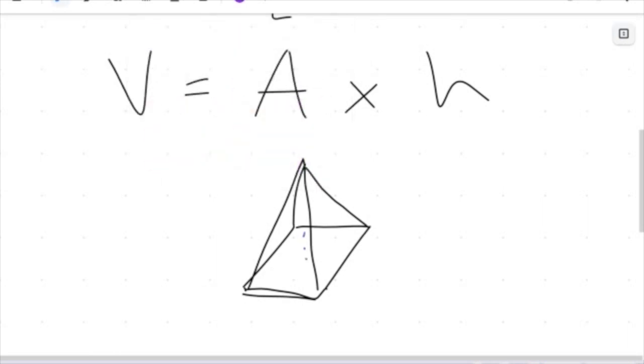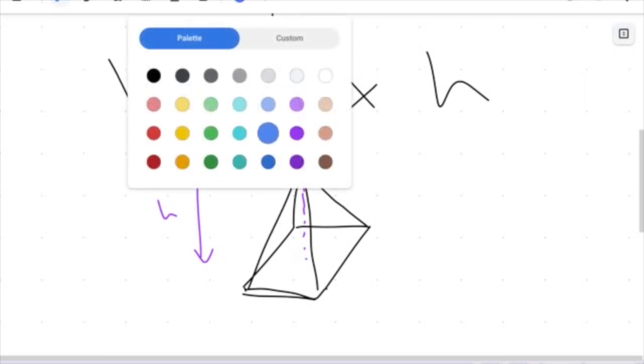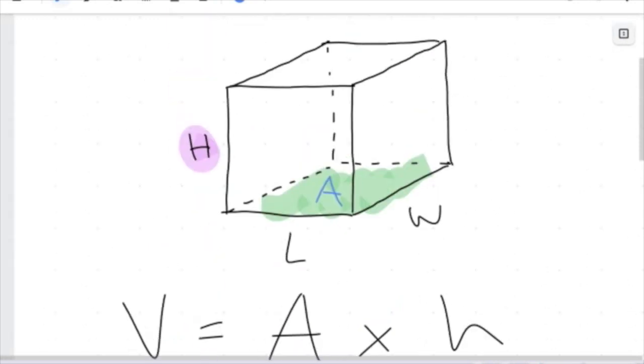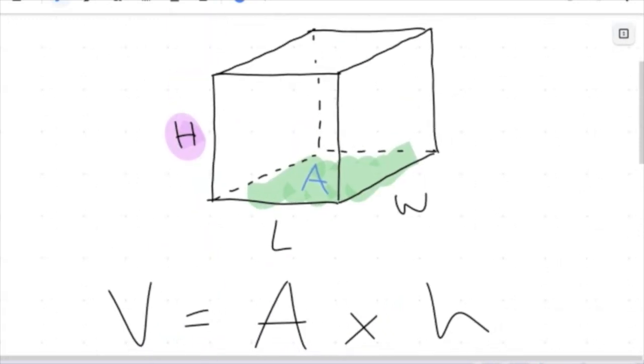They have this perpendicular height from the base of the pyramid to the top. And they also have a cross-sectional area down here, a cross-sectional area of A. But you can see that if we just went ahead and multiplied both these dimensions, we would just get this thing up here. So we need a different way to approach something like this when dealing with pyramids.